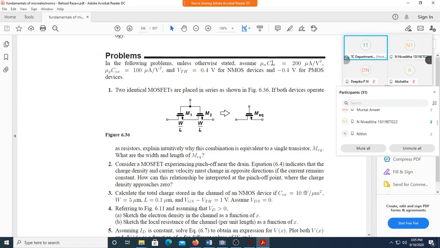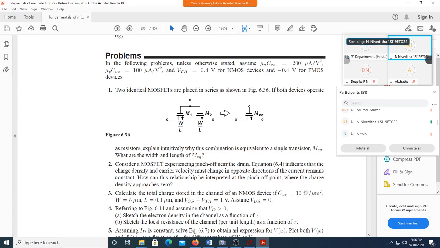Mu n stands for NMOS, mu p stands for PMOS. So far we have not discussed PMOS, so let us only consider mu n Cox as 200 microampere per volt square and VTH as 0.4 for NMOS devices.